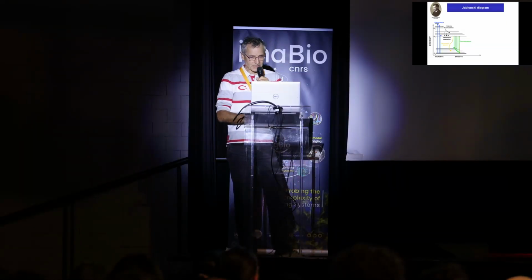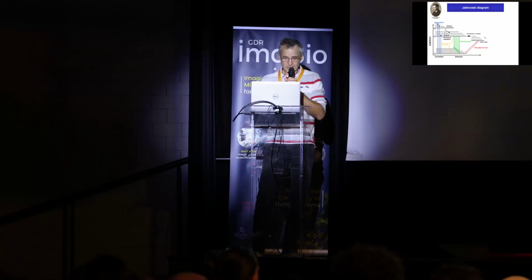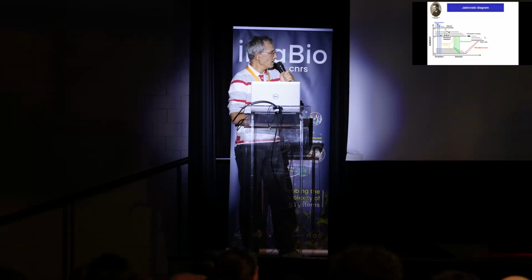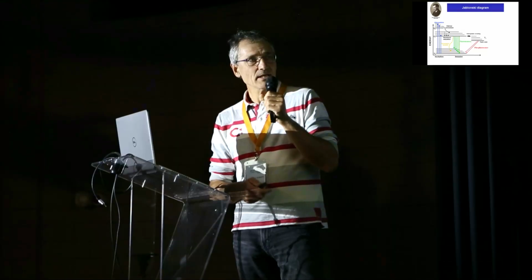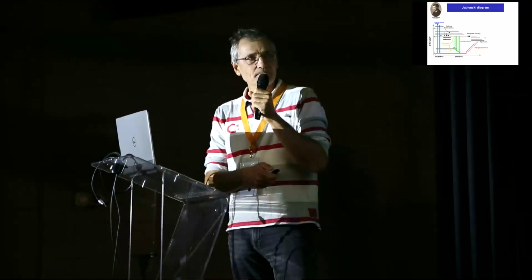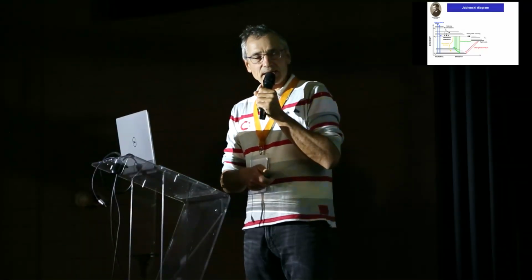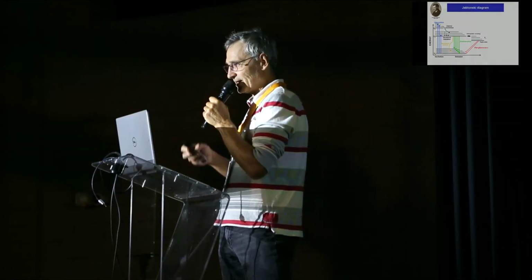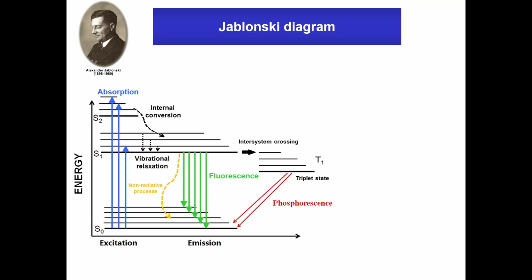Unfortunately, from time to time, the system has a tendency to jump to the so-called triplet state by a phenomenon called intersystem crossing, which involves spin flipping and which is theoretically forbidden. That's why it's a rare event. This T1 triplet state is really a bad guy. It's a gate to many bad reactions that produce problems in fluorophores, or sometimes can be used to advantage.